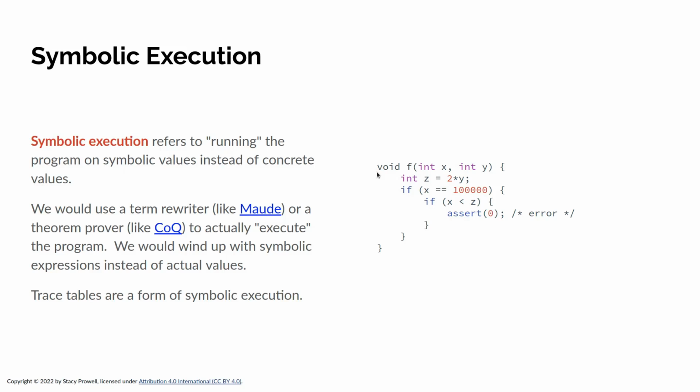The way you typically would do this kind of thing is you'd use a term rewriter. Some common ones are Maude, which is one I really like, but has some issues. Another one is Coq, which is used to prove a lot of things about the correctness of the Da Vinci surgical robot.